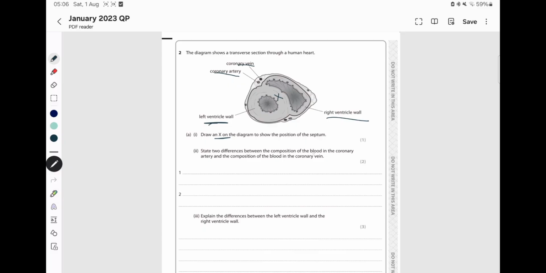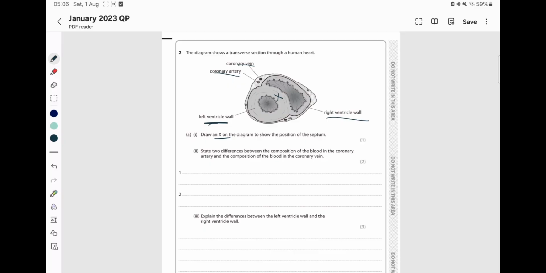State two differences between the composition of the blood in the coronary artery and the composition of the blood in the coronary vein. So we want to know the differences between the blood in the coronary arteries and in the coronary veins. So the coronary artery is the blood going to the heart muscle itself. As we know, coronary arteries supply the heart, right?